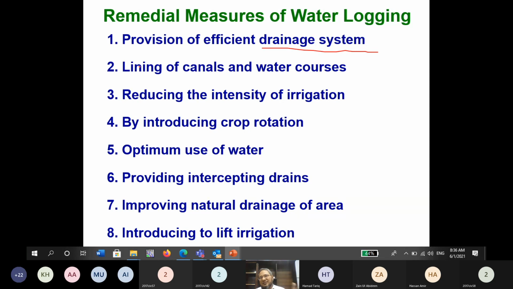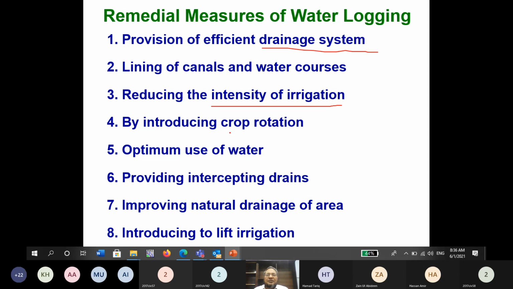This canal network includes all types of canals and water courses. If these are not lined, they are a major source of seepage of water into the ground and rise of the water table other than the irrigation. Number three is reducing the intensity of irrigation. Don't use too much water per acre.